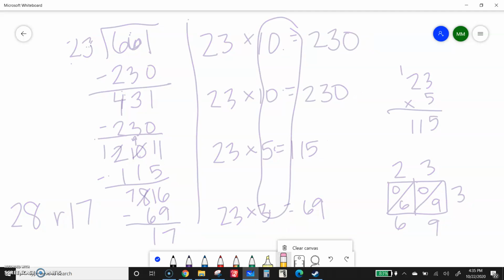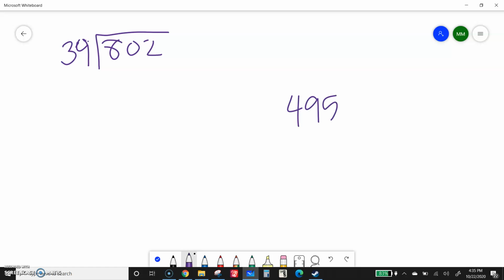I'll do another example, and you can always get more help if you need. So if I have 802 divided by 39. Now, sometimes, depending on how big the numbers are, partial quotients don't work particularly well. Let's say if I had something like 495 divided by 87.